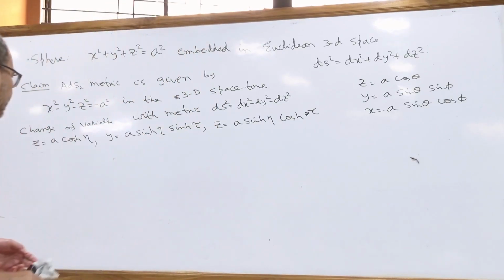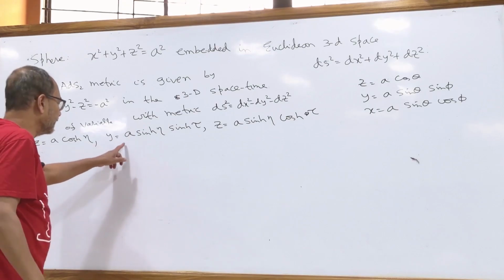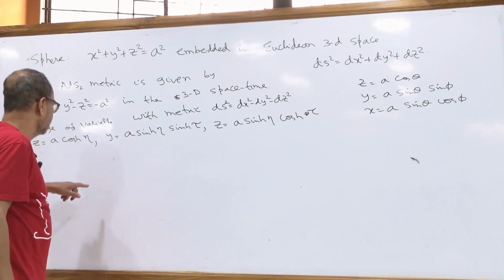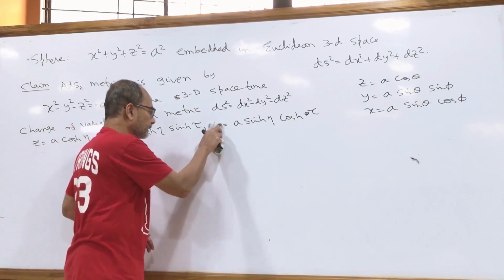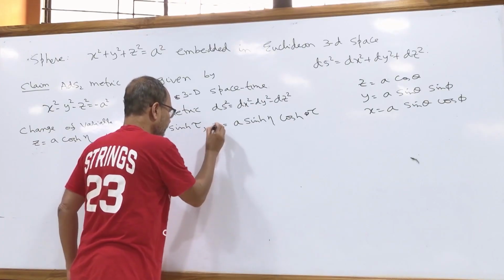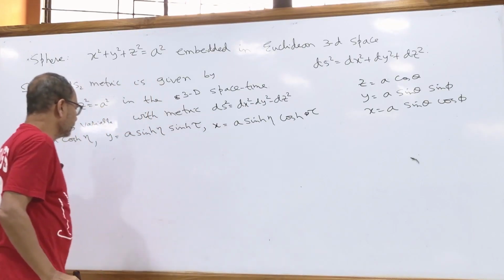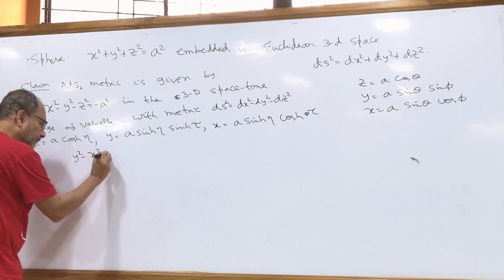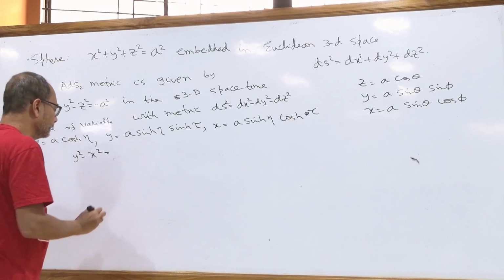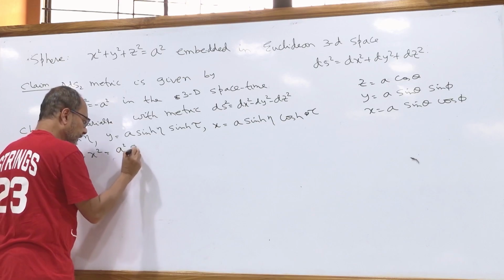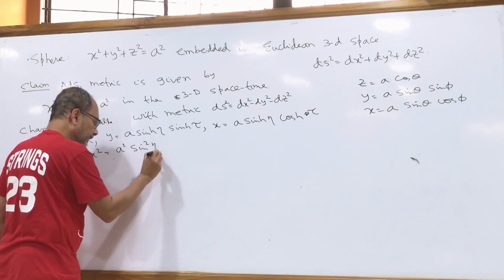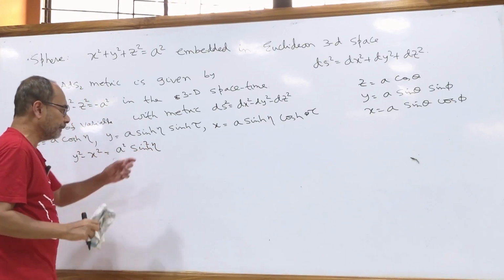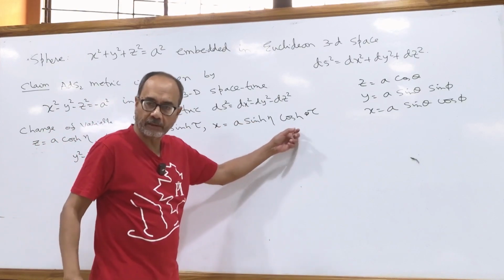Does this work? Let's see. So y square minus x square is a square sin hyperbolic square eta, and then sin hyperbolic square tau minus cos hyperbolic square tau, that's minus 1.